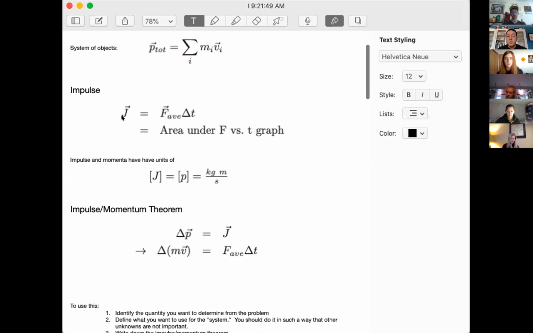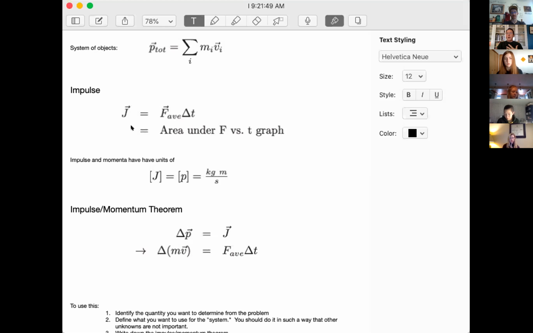The letter for impulse is J. Impulse measures how much interaction the rest of the universe has with your system. So you define a system, the things you care about, and then the rest of the universe maybe pushes on it, pulls on it, does stuff to it.